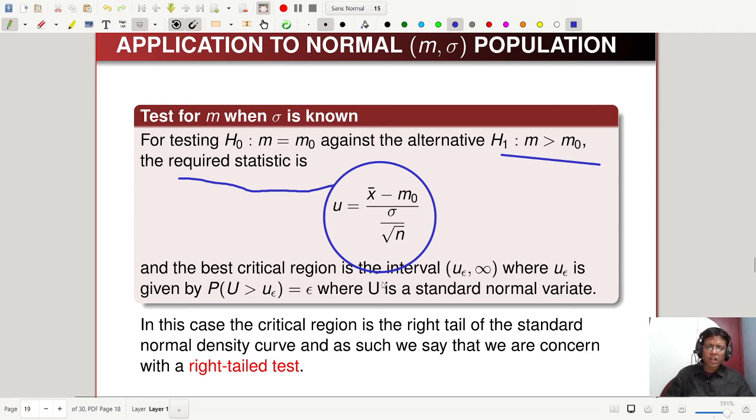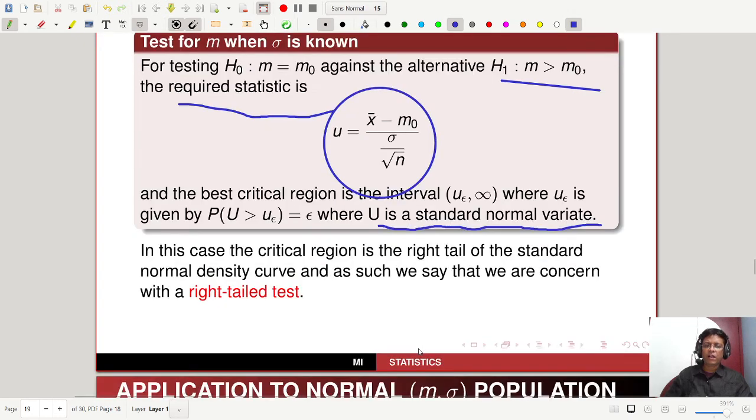And the best critical region is the interval u epsilon to infinity, where u epsilon is given by probability of u greater than u epsilon equal to epsilon, where u is a standard normal variate. In this case, your critical region is the right tail of the standard normal density curve, and as such, we say that we are concerned with a right tail test.